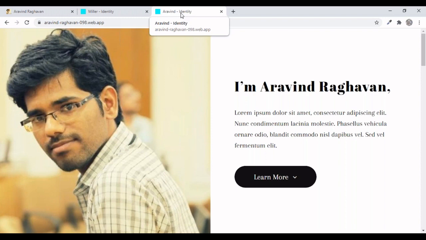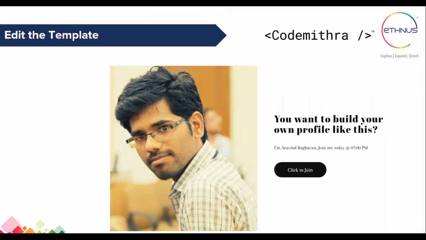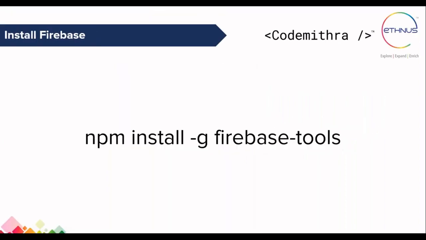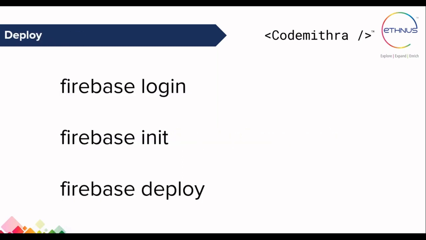Tell me one thing, if I share the PDF, how many of you are going to do this today? I edited this. I installed Firebase. And then Firebase login, Firebase init, and Firebase deploy. These are the three things.